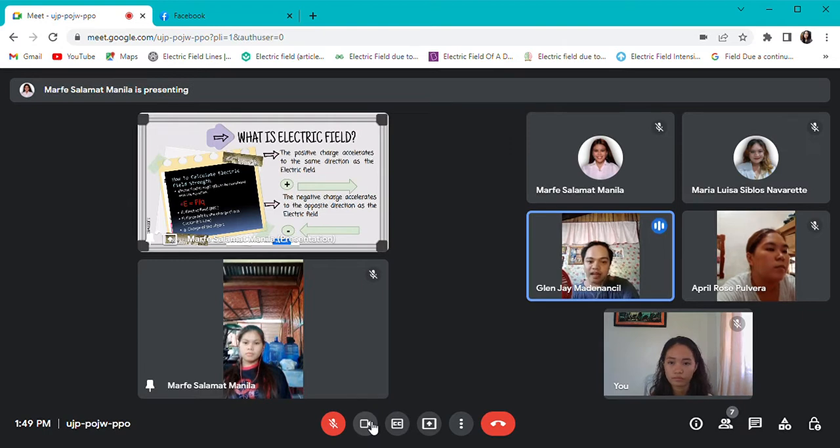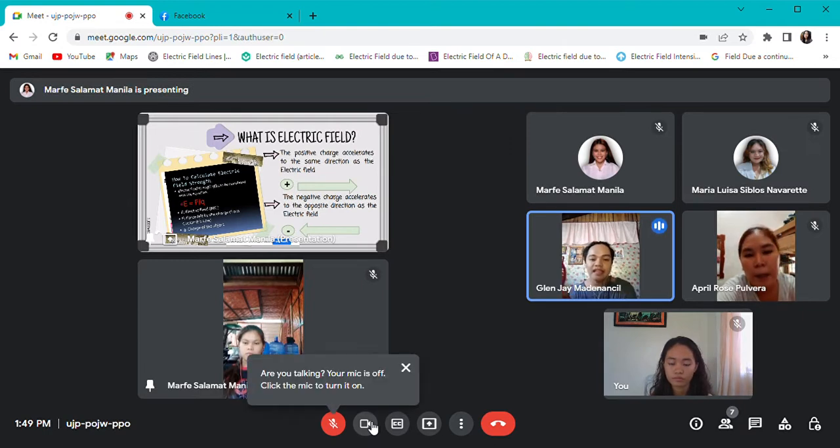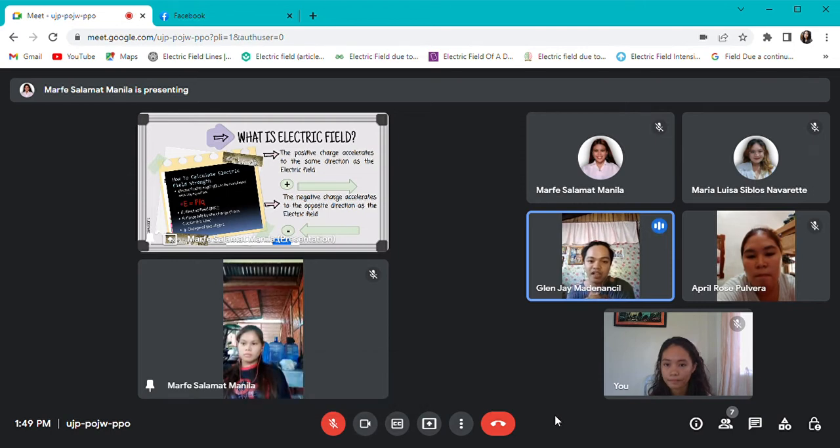I indicated an illustration: the green circle is the positive charge, the source, and the arrow indicates the force of the electric field. When the charged particle is positive, the direction of its electric field is away from the source.